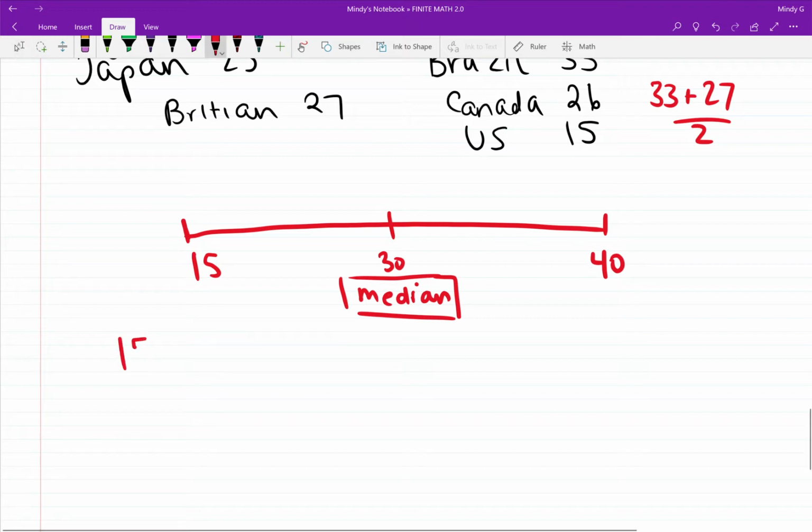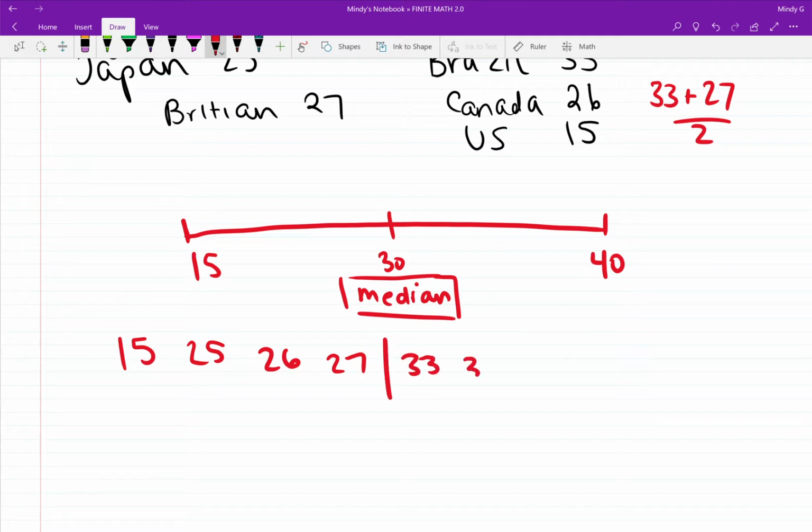So we said the median is here, right? This is our min, that's our max. What is the median value between here? 25.5. Yes. Everybody see that?